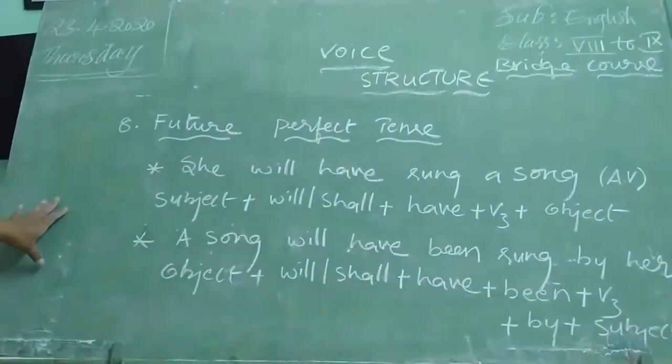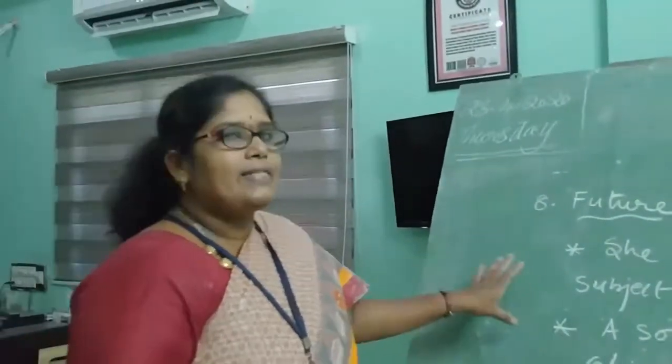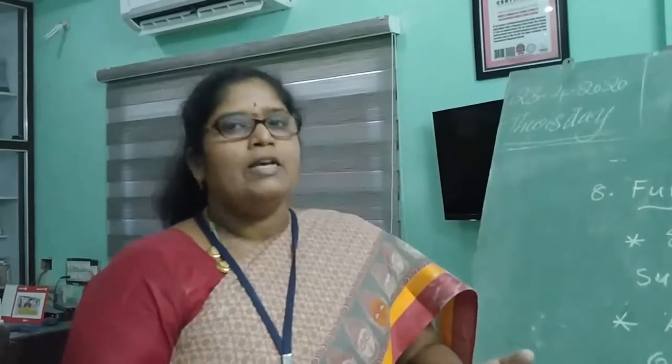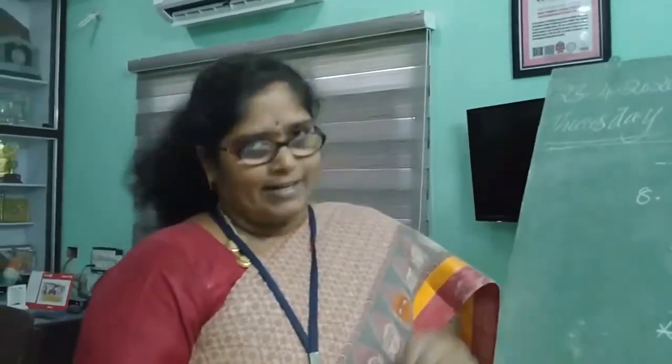In this way we have changed today all the voice and tense of present tense, past tense, future tense, present continuous, past continuous, and all the perfect tenses like present perfect, past perfect, future perfect, from active voice to passive voice along with their structures.